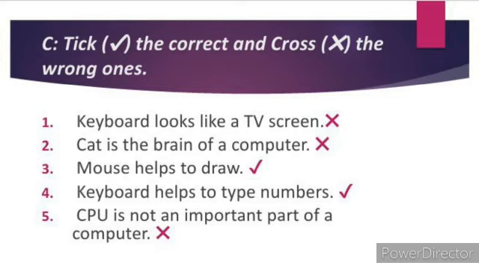Number 4 is, keyboard helps to type numbers. Tick. Number 5 is, CPU is not an important part of a computer. Cross. Dear students, you have to solve these on page number 18 and 19 of the book.